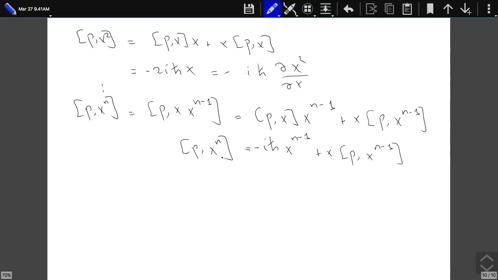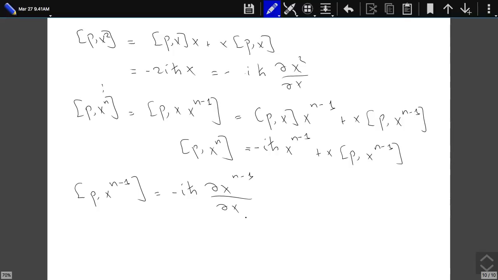Now I will use induction. My claim will be, up to the term n minus 1, that this will be equal to minus i h bar del x to the power n minus 1 by del x. Well, this definitely holds for n equal to 1.